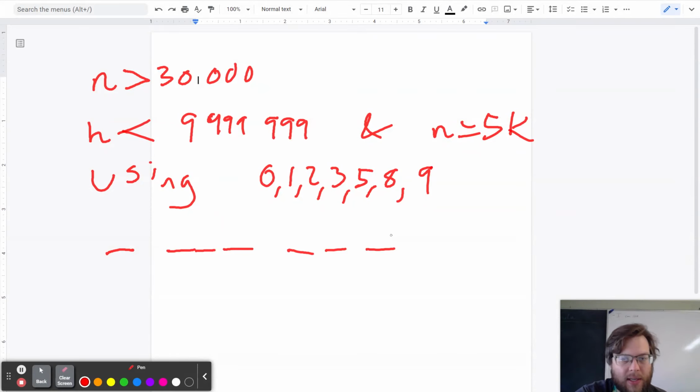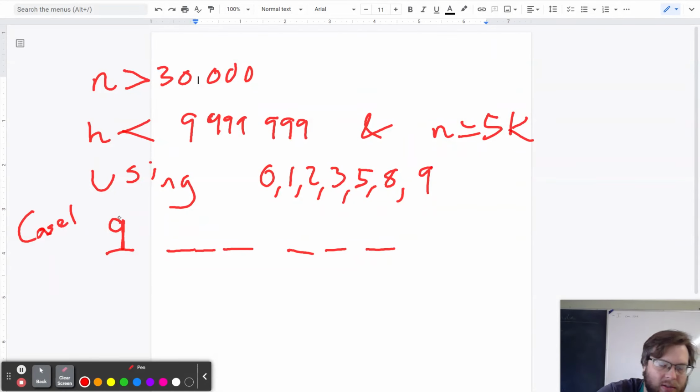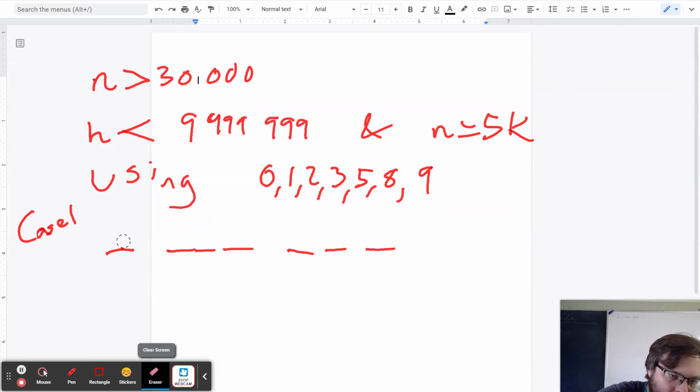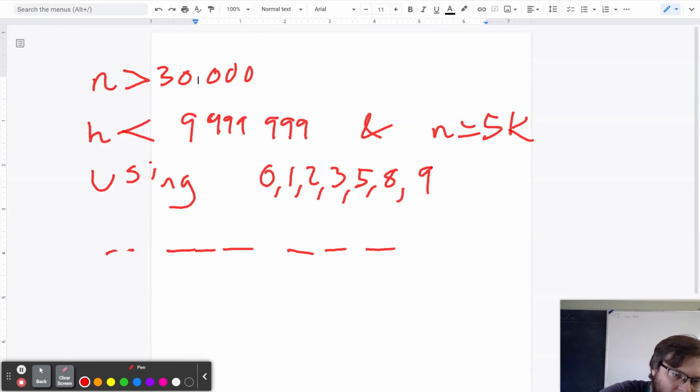So let's say case 1 is that there's a 9 right there. Well, actually, it doesn't need to be a case because they have to be divisible by 5. So that's going to end up being okay. So let's see. I think we'll still have to break it down into cases. Okay, let's see. How many different numbers could we go here?